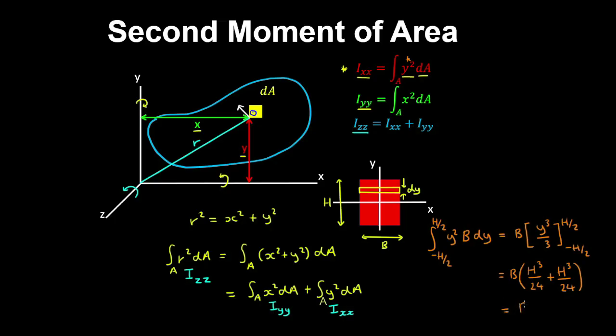Which gives bh cubed on 12. And that's a well-known second moment of area for a rectangular section about the horizontal axis. And I'll leave it for you to verify that the second moment of area about the y-axis is equal to hb cubed on 12. And you can verify this by taking your infinitesimally thin rectangle in the vertical direction and integrating over x.